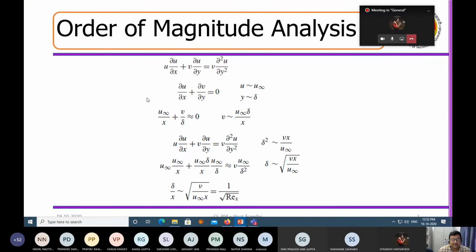This is my continuity equation, so I enforce my mass balance. The continuity equation I enforce in my momentum equation in order to get delta square. From delta square I get delta by x equal to 1 by root over Re x. These are the later developments: delta by x, that means the dimensionless thickness of the hydrodynamic boundary layer, will be a function of Reynolds number to the power minus half.